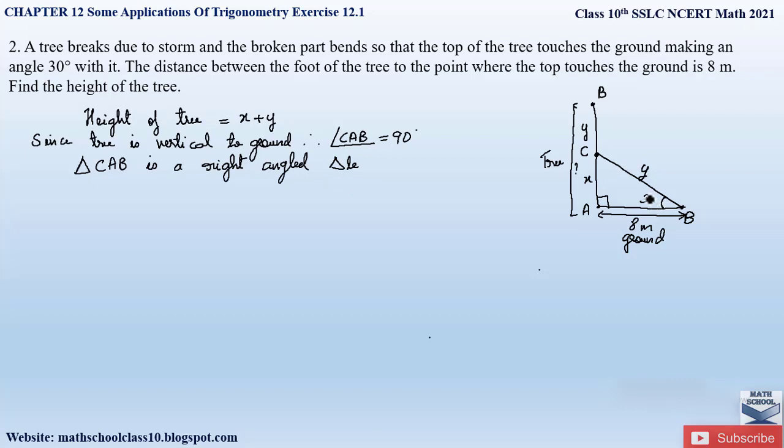So the side opposite the acute angle is the perpendicular, side along is base, and this side BC will be our hypotenuse. So we will apply the trigonometric ratio. So to apply the trigonometric ratio, we should know this fraction, that is P by B, P by H.